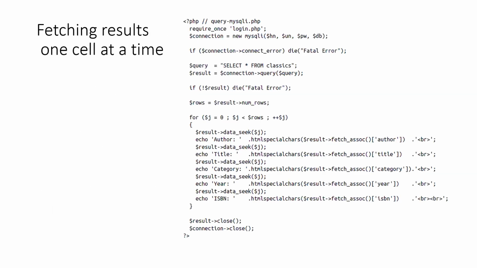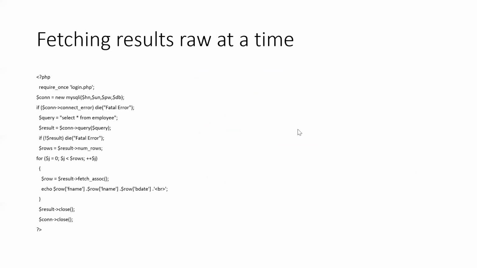One thing to note is that you fetch all the results at the same time. For example, here we execute everything, and then we fetch everything at the same time. But one other way is you can fetch a row at a time.